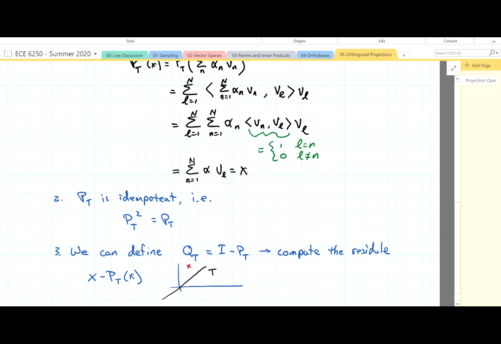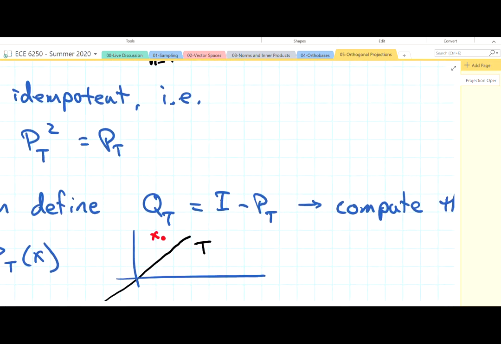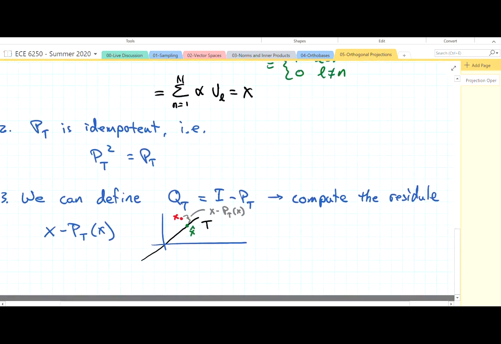If this is x right here, then, I'm drawing it small, I'll make it bigger, then x hat is going to be there, and this quantity right here is x minus PT of x. So what does that tell us? Well, PT is going to be the projection onto t, and x minus PT of x has got to be orthogonal to it.